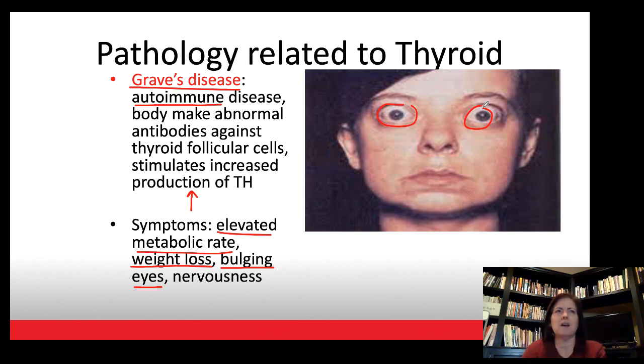It's called exophthalmos, and it creates this bulging eyeball look. And then these patients tend to be really nervous, and it's basically due to changes in their metabolism. But these are very, very thin people because of that increased level of thyroid hormone.